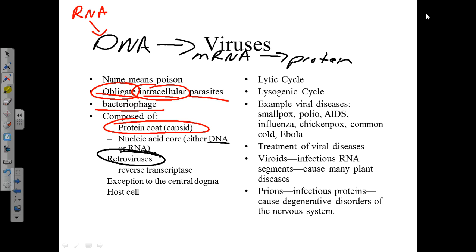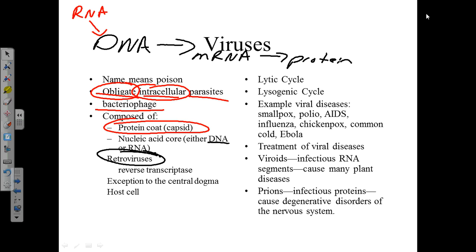And those enzymes do what to that RNA? What's this step called? Reverse transcription. And one of the big deals with that step is that what happens lots of times during that step? It mutates, which makes RNA kind of unstable. It makes retroviruses pretty dangerous because they're always changing.